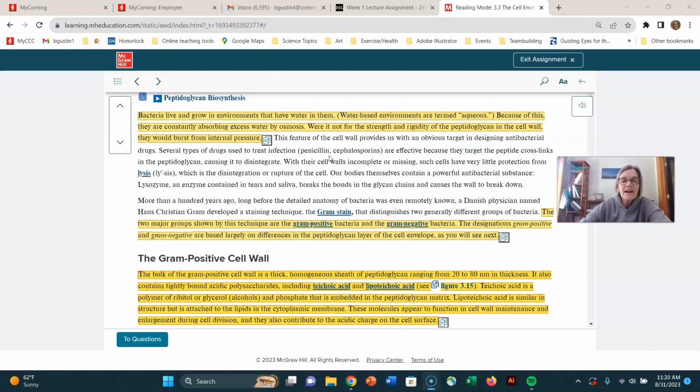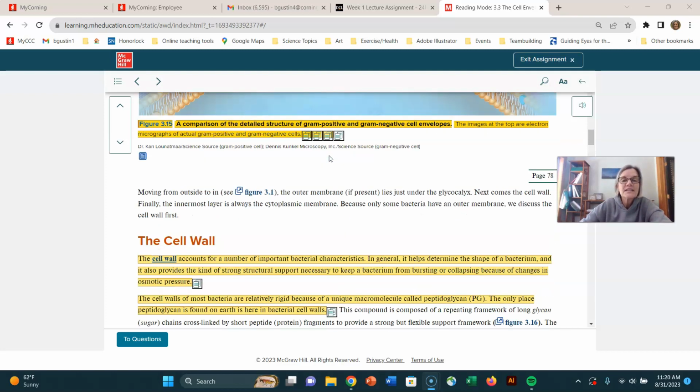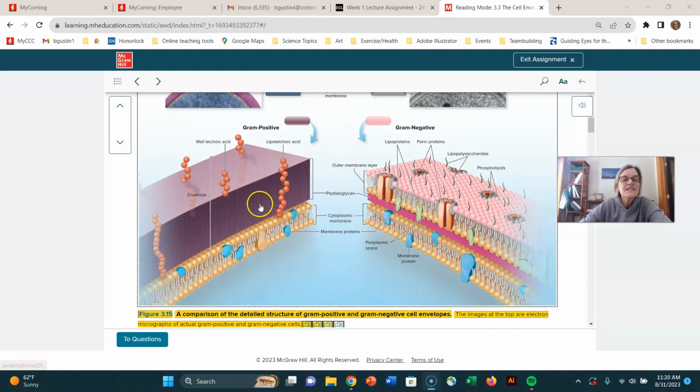And it turns out that gram-positive cells are more sensitive to penicillin because they have this thick layer of peptidoglycan. Gram-negative cells tend to be naturally more resistant to penicillin, because they have the peptidoglycan, but they've got this outer membrane that protects them from the penicillin getting in.